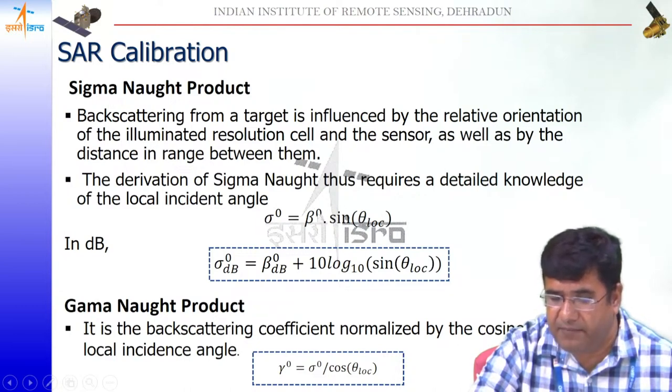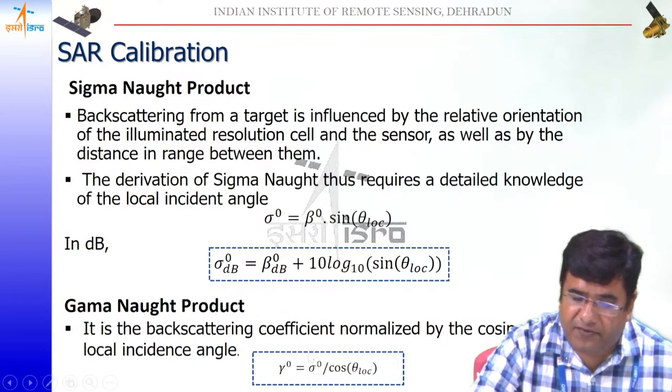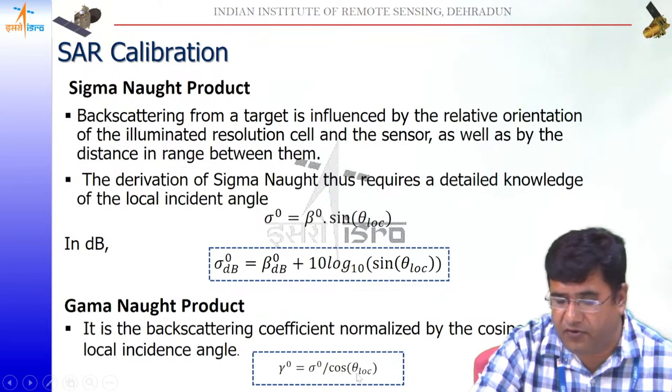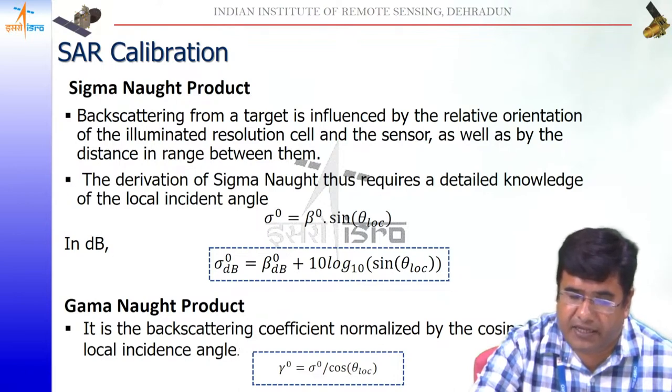So if we have the beta naught, we can convert it to sigma naught in the ground range by applying the sine theta factor. And gamma naught is equal to sigma naught divided by the cosine of the local incident angle. Okay, so these three things we can generate from the DN product.